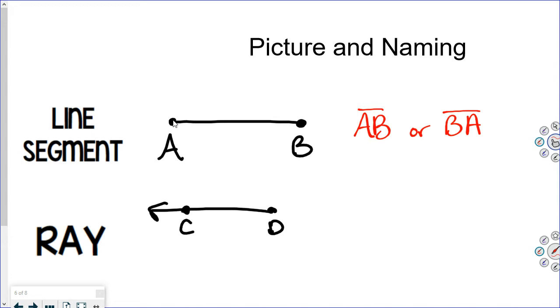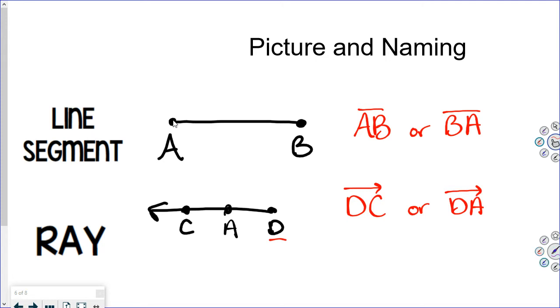The ray is a little bit more difficult to name. One of the things you always have to recognize is that the first letter that you're naming is the endpoint. So you're going to have the D, and then it goes through C. Again, you're only using 2 letters. So even if another letter was thrown in here, you wouldn't have to use that A. You could name that ray DA, but again, you're only using 2 letters.